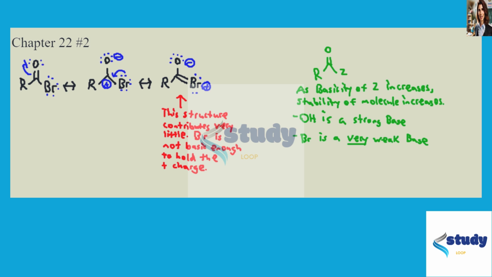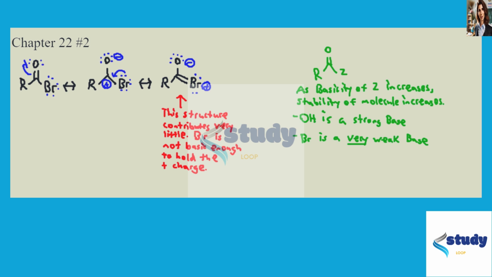But this answer is really addressing this in terms of pKa. pKa is telling you about acidity and basicity, and we're talking about OH being a stronger base than bromine by a wide margin. We're not citing numbers, but we are making this argument in the terms that the problem asked for.